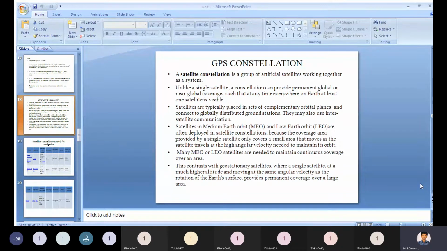The satellites are typically placed in sets of complementary orbital planes and connect to globally distributed ground stations.